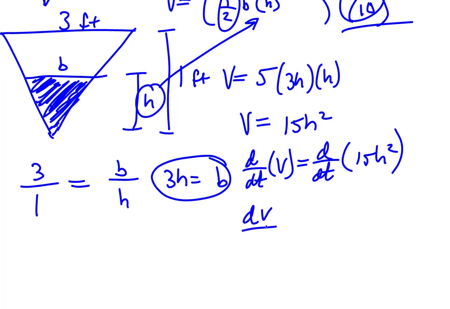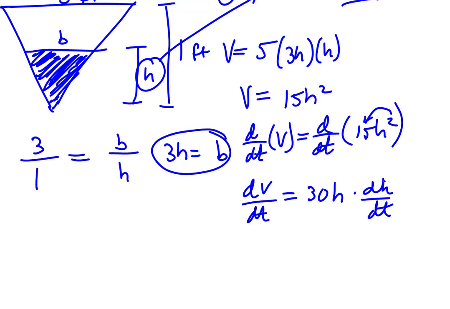And this would tell us that dV/dt equals the derivative of the right side, which, assuming h is an implicit function of t, would be multiply the 2 down in front for the power rule to get us 30h to the first power times dh/dt.